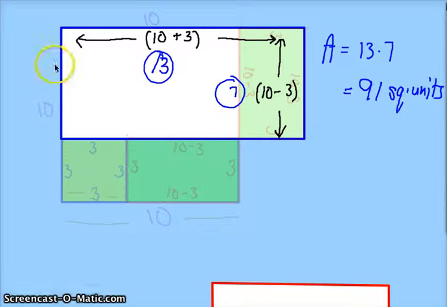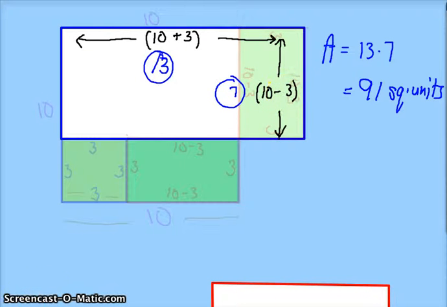So if we go back to our previous example, I had a big square that was 10 by 10. I subtracted a smaller square, 3 by 3. To get what is left, I can say a plus b, 10 plus 3, multiplied by 10 minus 3, a minus b.